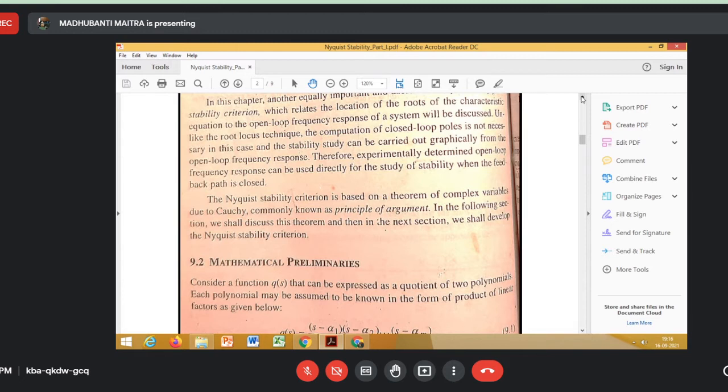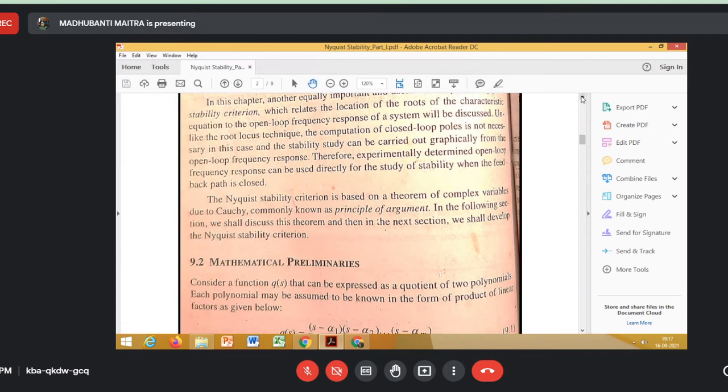And the third advantage of Nyquist stability criterion is if the open loop transfer function, that means if G(s)H(s) is known, then we can ascertain, we can judge the stability of the closed loop system. Actually, we are interested in the stability of the closed loop system.